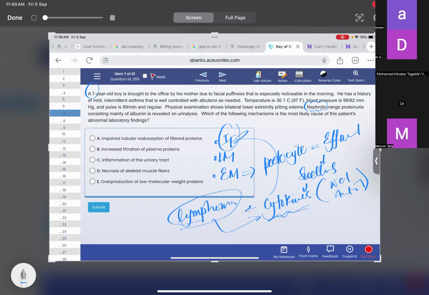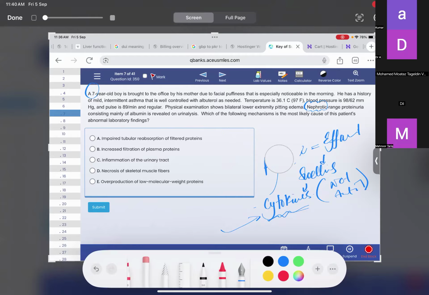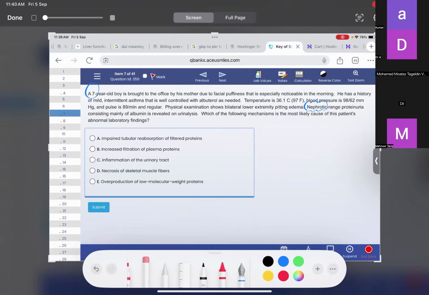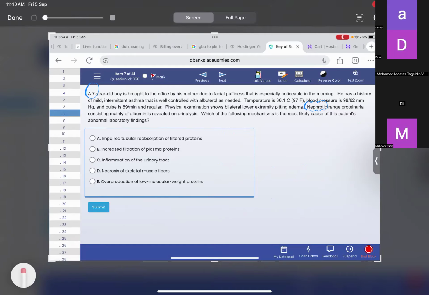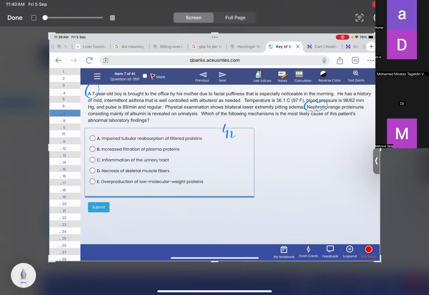But other important things in minimal change: your book has given idiopathic, infections, immunization, and bee sting.